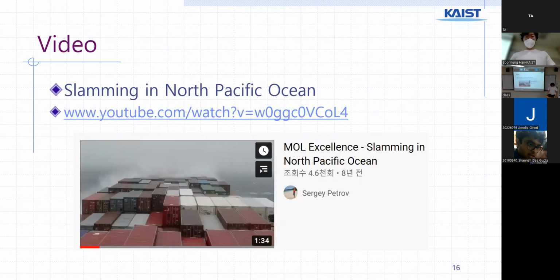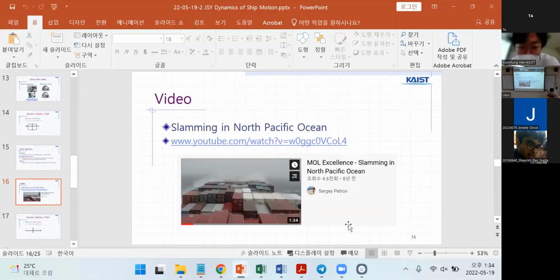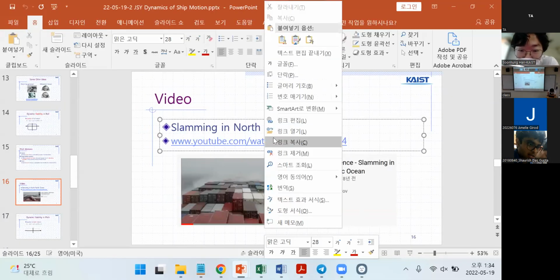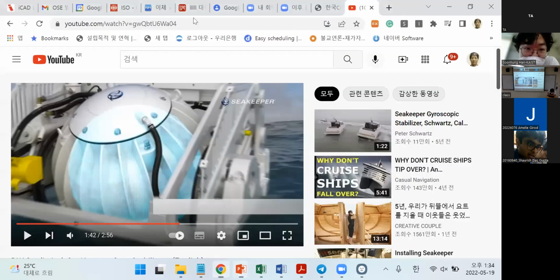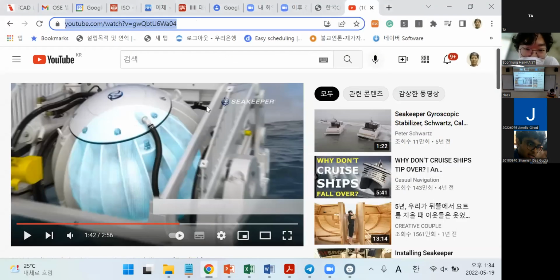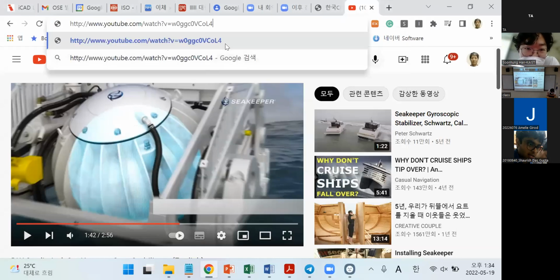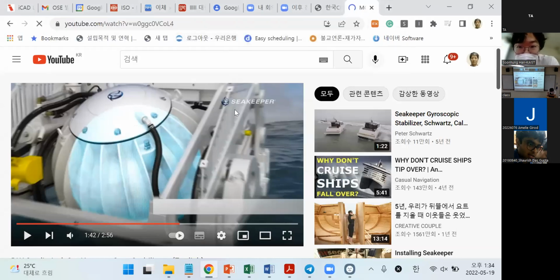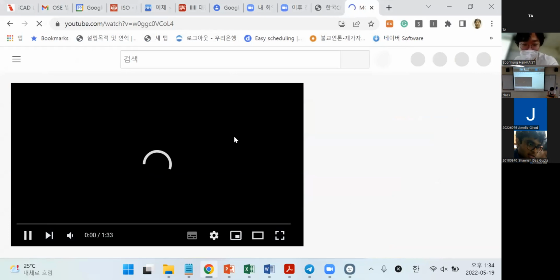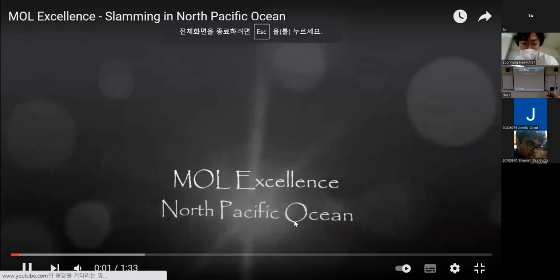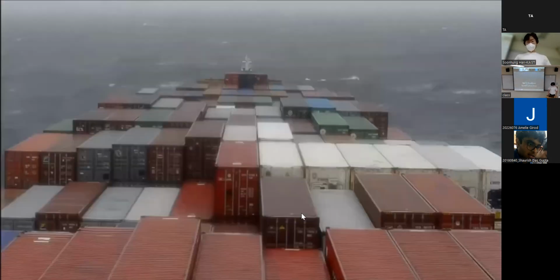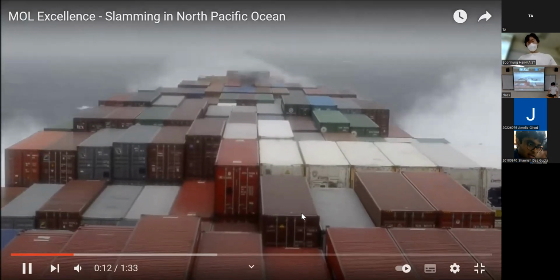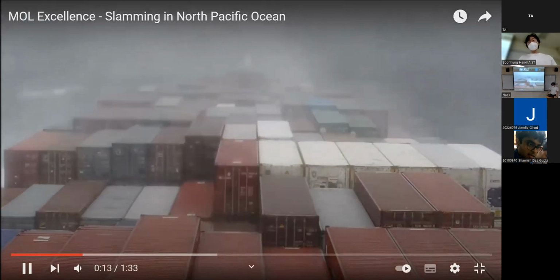Here there is a video of a cargo ship when there is a lot of pitch motion. See water coming on deck.